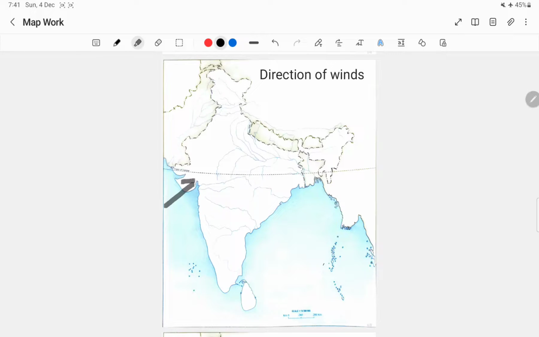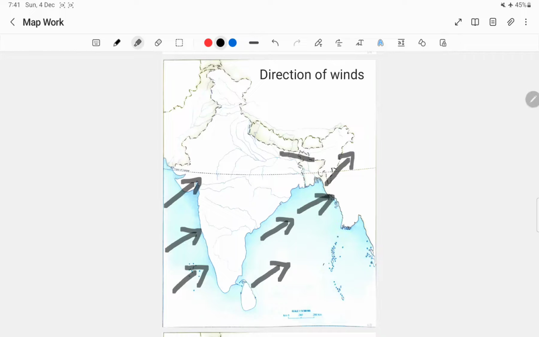Arrow number 1, 2, 3, 4, 5, 6, 7, 8, and the last one, number 9.